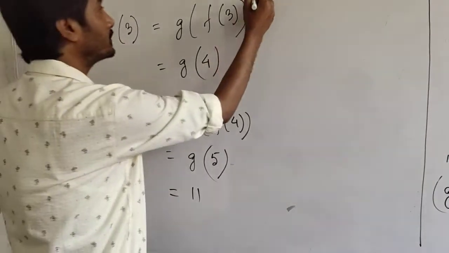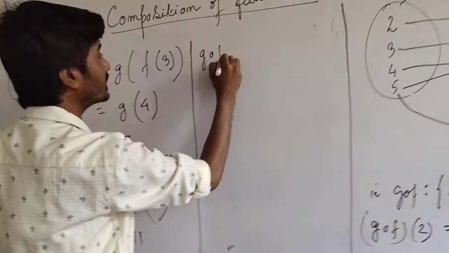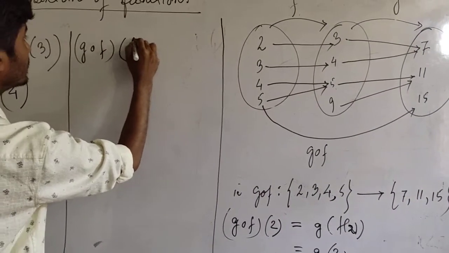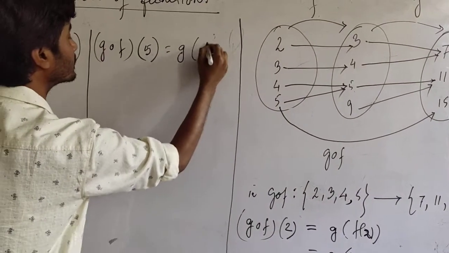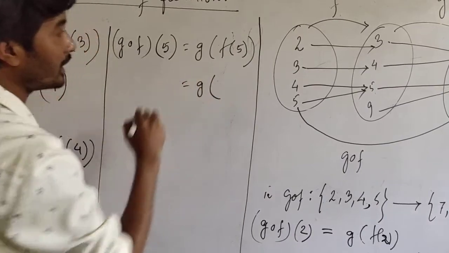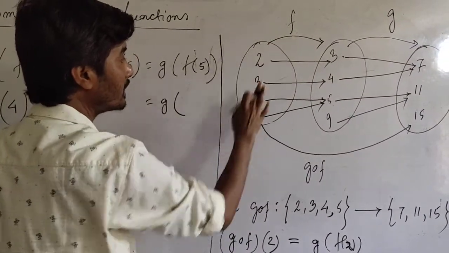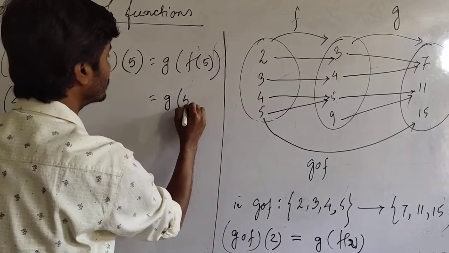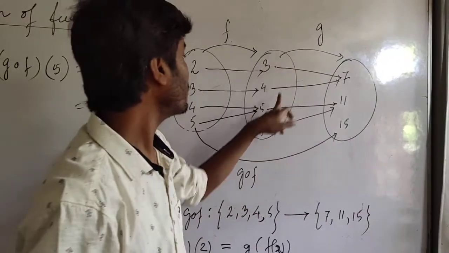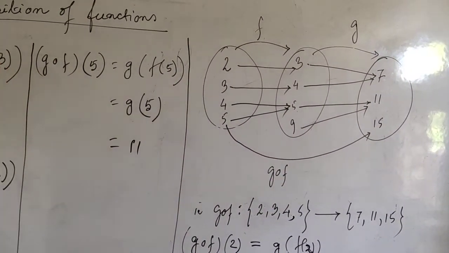And finally, one more element is left in the domain, which is 5. So this is equal to Z of F of 5. Here you see F of 5, the image of 5 is 5, so this is Z of 5, and the image of 5 is 11. This is 11.